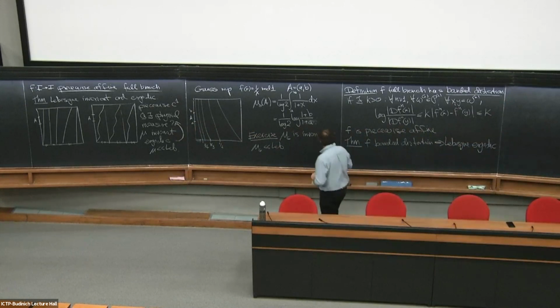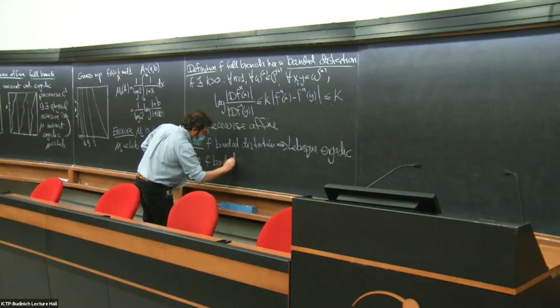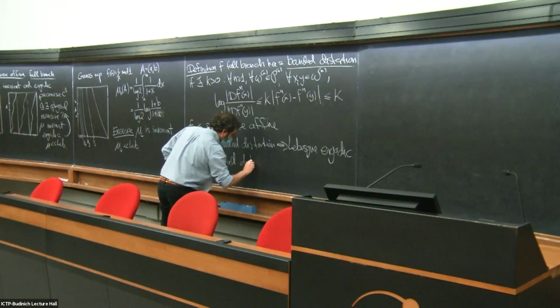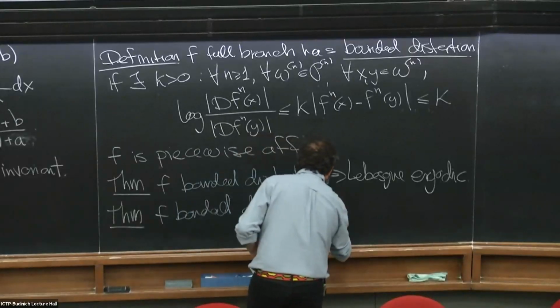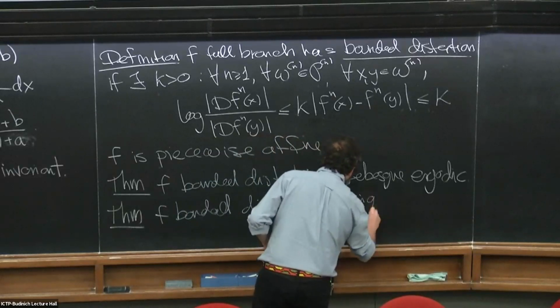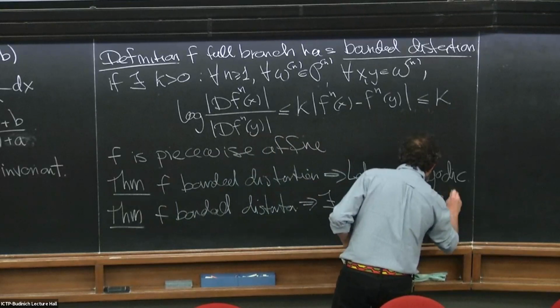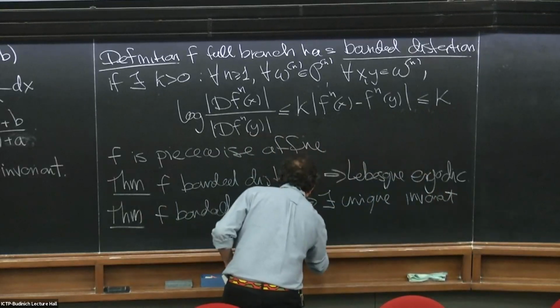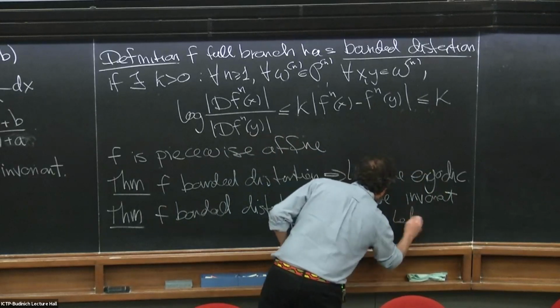Can you see down here? Yes. So the theorem is that, again, if F has bounded distortion, then it implies that there exists a unique invariant probability measure mu, which is absolutely continuous with respect to Lebesgue.